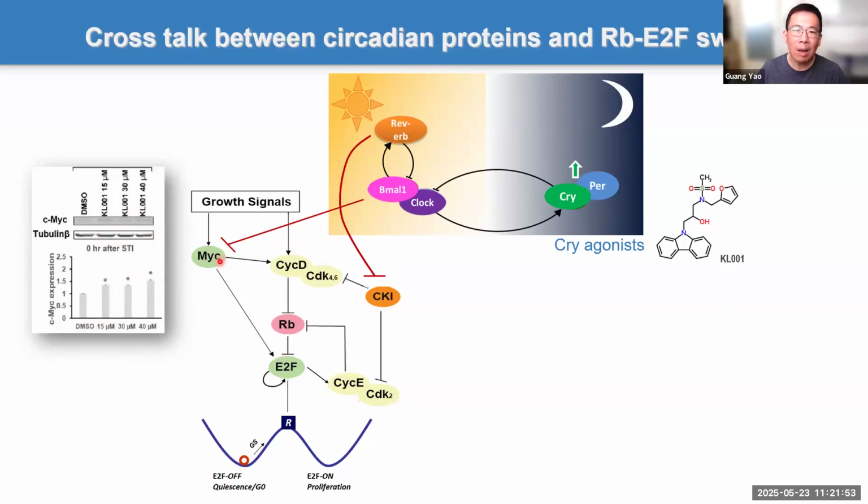Given MYC is an upstream activator of E2F and cyclin D-CDK, we think that because you give them an earlier push, these cells will likely be easier to get out of quiescence. That means cells will be pushed into a shallower quiescent state if you give them the CRY activator. Are you with me? So CRY can turn on MYC, MYC can help E2F turn on the switch, so cells will be shallower and easier to get out of quiescence.